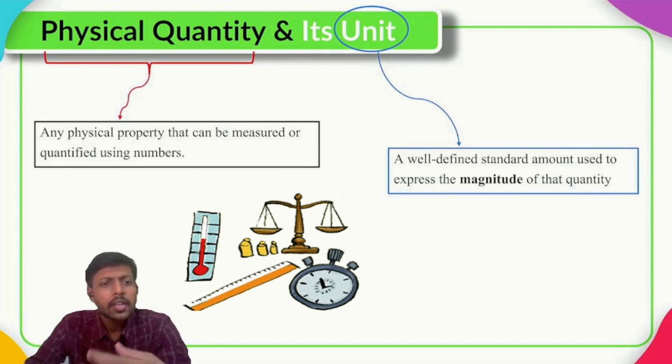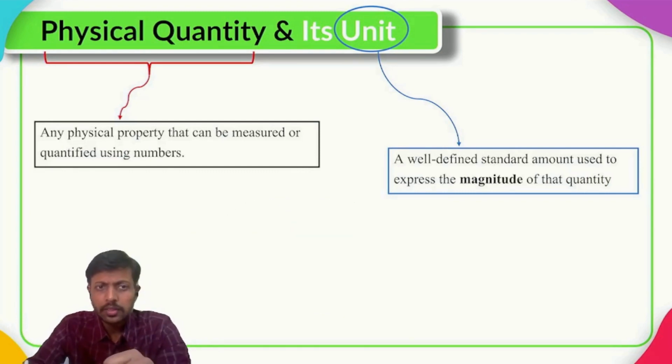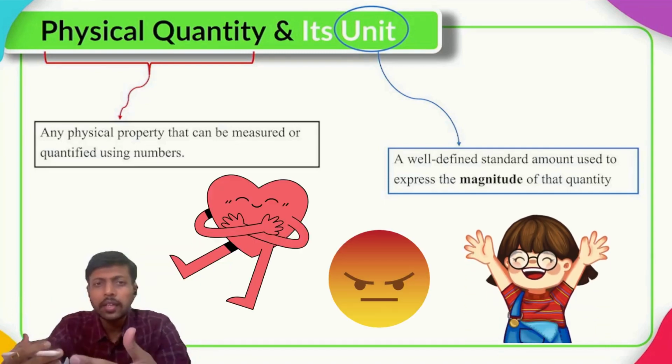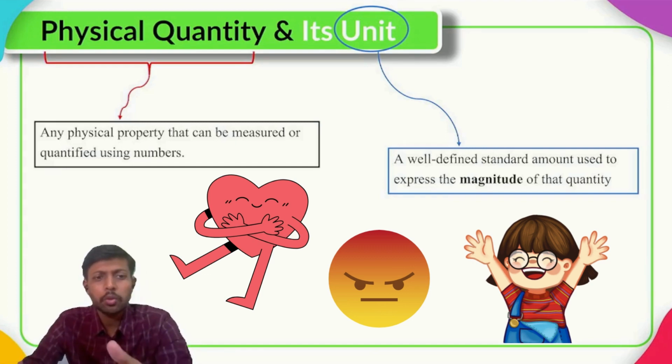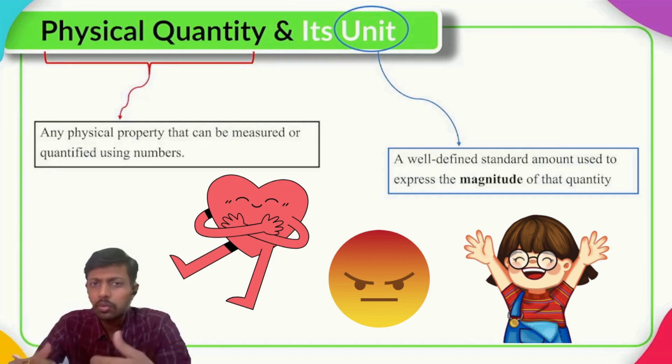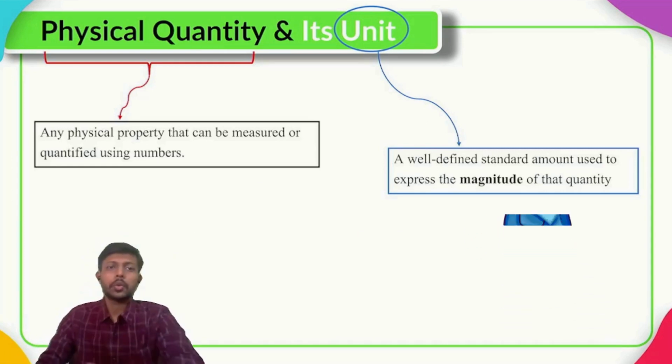As opposed to it, we have abstract quantities, like love and hate. We can't measure it. We can't say, I love someone 20 units or I hate you 25 units. I mean, that's absurd, right? We cannot put a number to it.